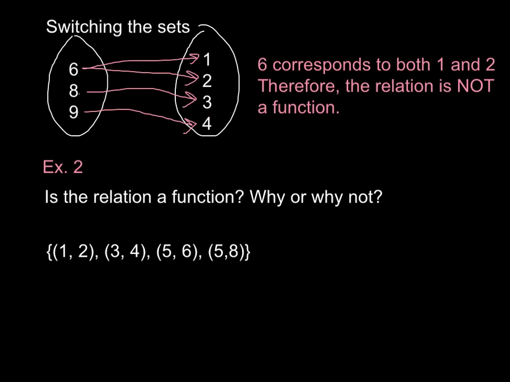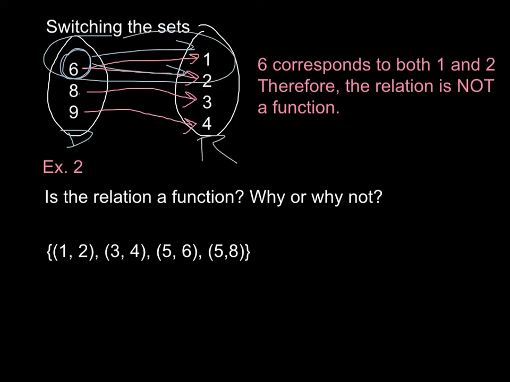So if we were to switch those sets around, but keep the same pairings, you would see now if my domain contains 6, 8, and 9, I have the value of 6 corresponding to two different values in the other set. 6 is going two different places.